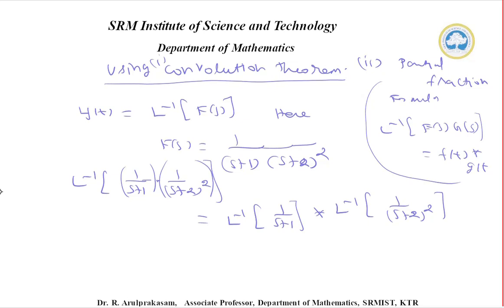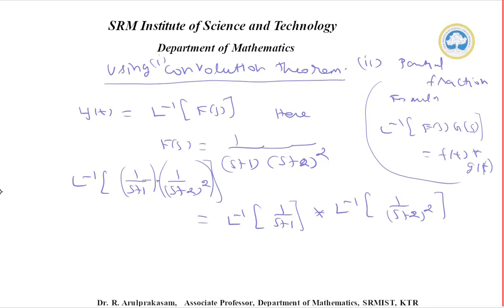By the convolution theorem I am writing it like this. L inverse of f of s times g of s is L inverse of f of s convolution L inverse of g of s. L inverse of f of s is f of t, and L inverse of g of s is g of t. You know the convolution theorem form.